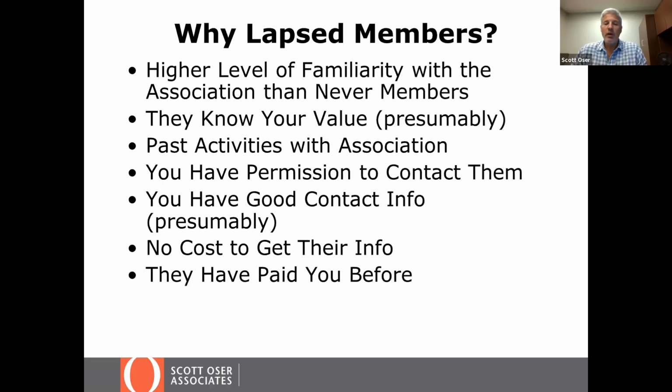They've paid you before. This is sort of a mental thing. It's a logistical and a mental thing. We all make decisions, whether we're at a trade association or an individual membership organization. As human beings, we make a decision to pay for something, or to commit to something, and the first time you do that is typically the hardest.